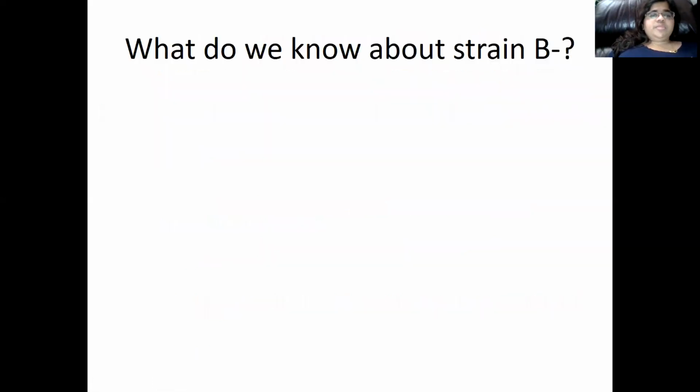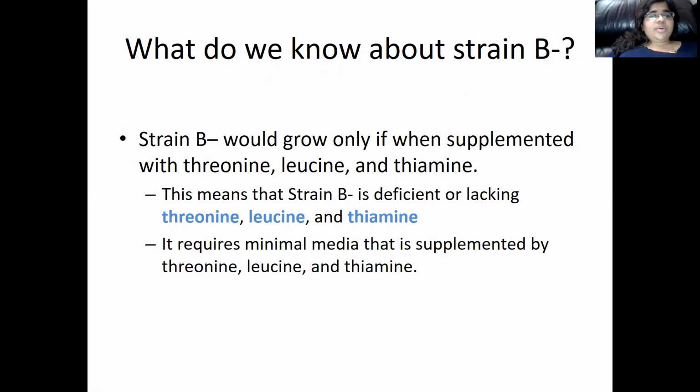So what do we know about strain B in this scenario? We know that it only grows when it is supplemented with threonine, leucine, and thymine. This means that it is deficient or lacking these three, and if you want this strain to grow, you need something supplementing these three.